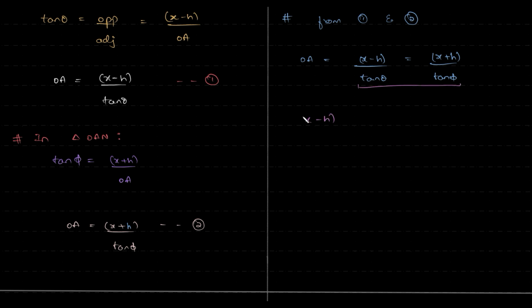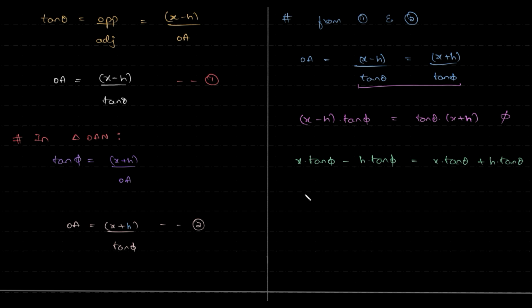We have x minus h into tan phi. Actually, we can skip this step and directly multiply it. Tan theta into x plus h. I could have skipped this step. This step is not required. And directly go with x tan phi minus h tan phi is equal to x tan theta plus h tan theta. Rearrange and we have the answer.